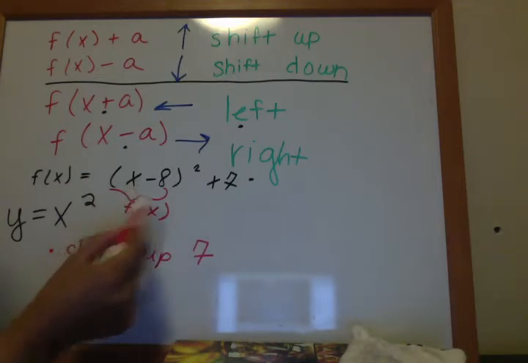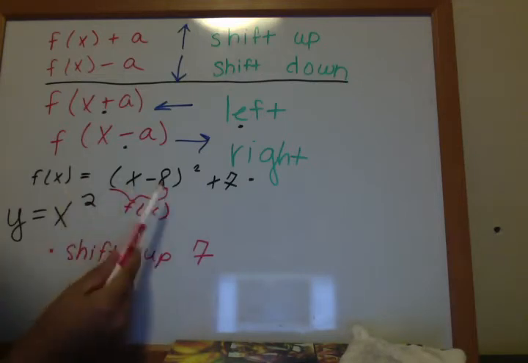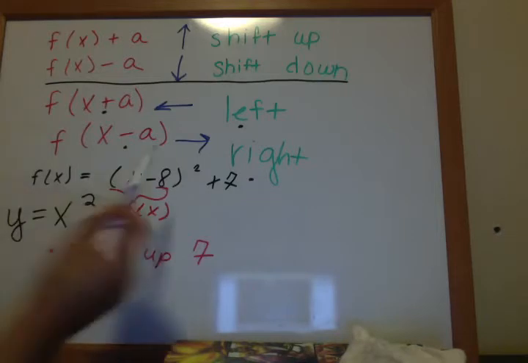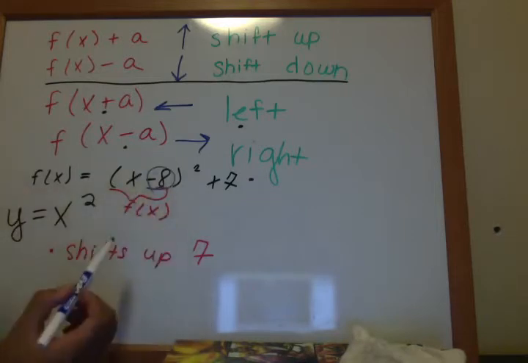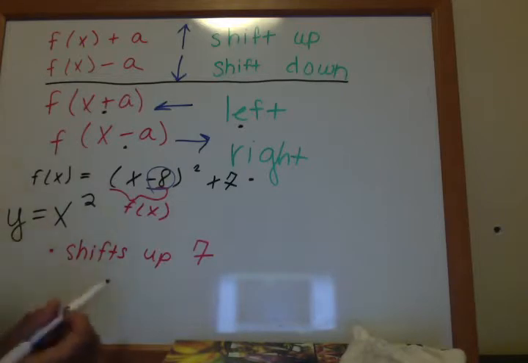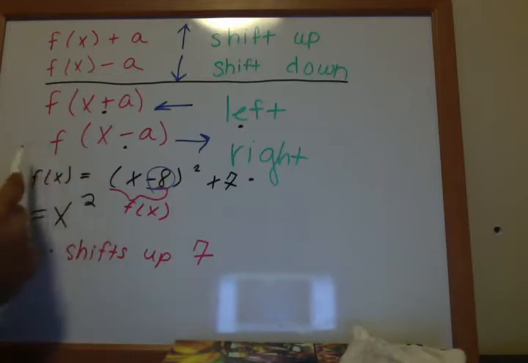Okay, so what else is different? You have an x squared here, but there's a negative 8. So what is this negative 8 doing? You have negative 8 inside the parentheses here, and that's not here.